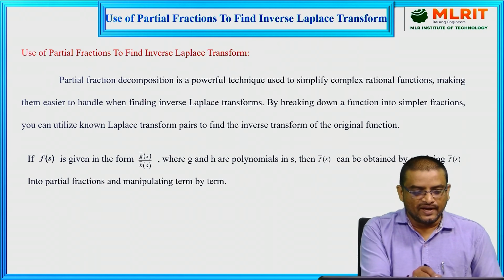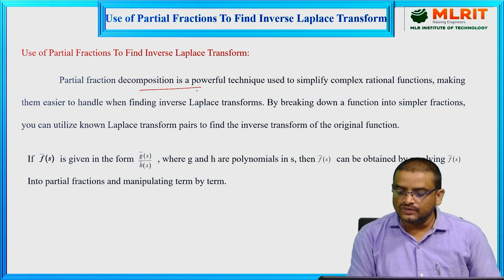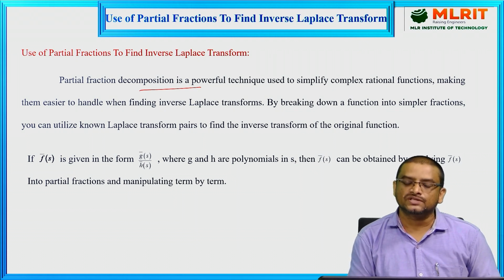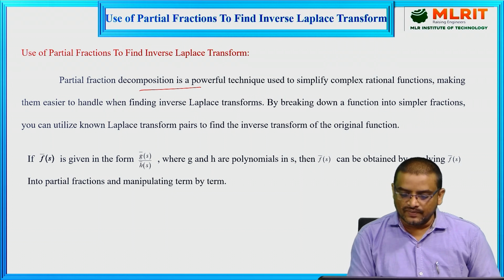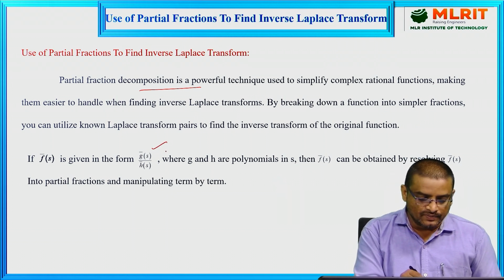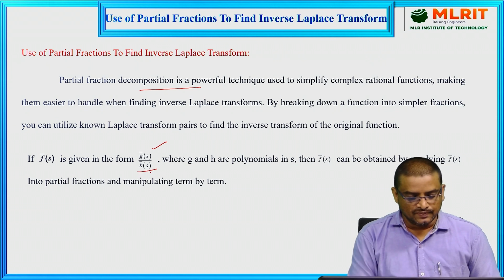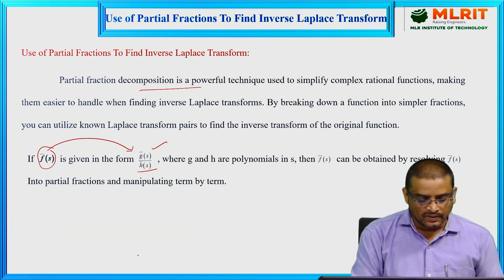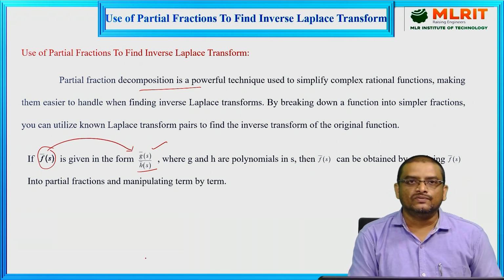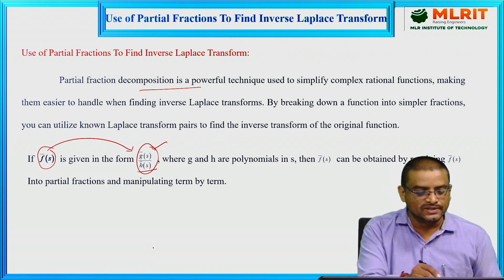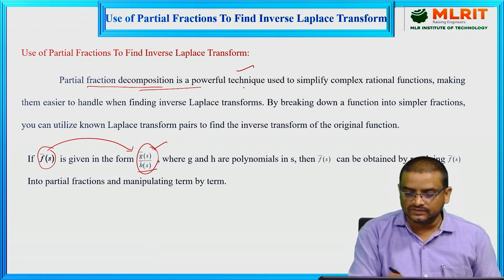Partial fractions is a powerful technique which is used to simplify complex rational functions. Whenever we have a function in the form of p by q, or g bar of s by h bar of s, then we can find this f bar of s value. Whenever f bar of s is in this form and you want to find the L inverse, we can take the help of the partial fractions technique.